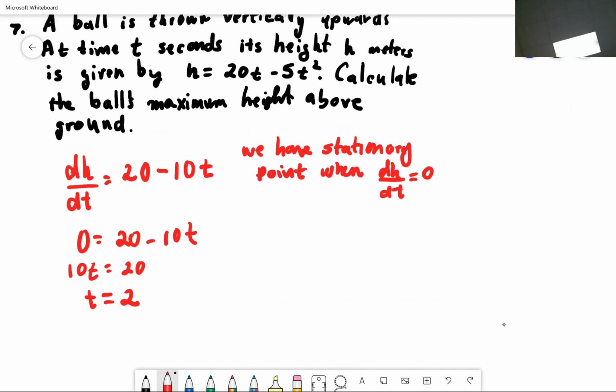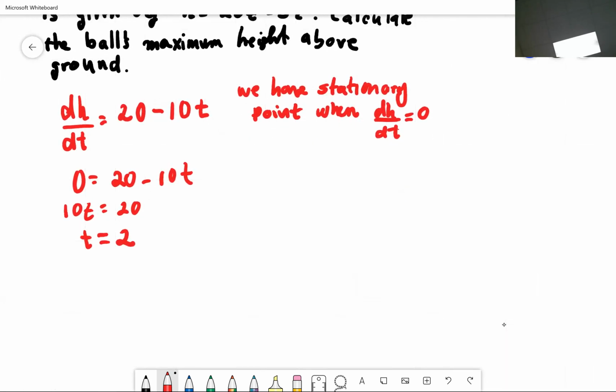Now, if we remember correctly from last class, we can determine whether this will be a maximum or a minimum. We know it's a maximum by the shape that we just talked about, but we should also remember that we can take the derivative of the derivative. So this is how we write it: the second derivative equals negative 10.